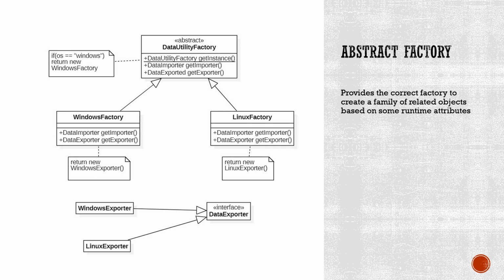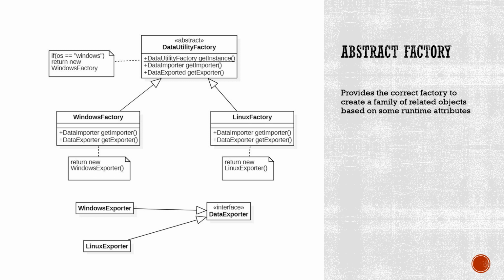So the client accesses the get instance method from the data utility factory. It's an abstract class, and Windows and Linux factory are its subclasses, the concrete implementations.